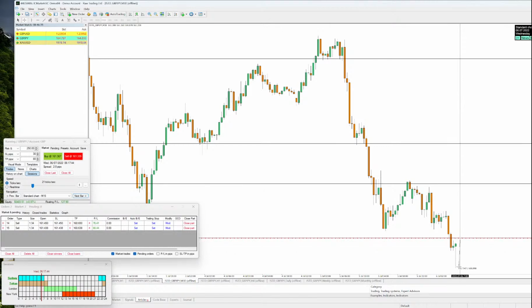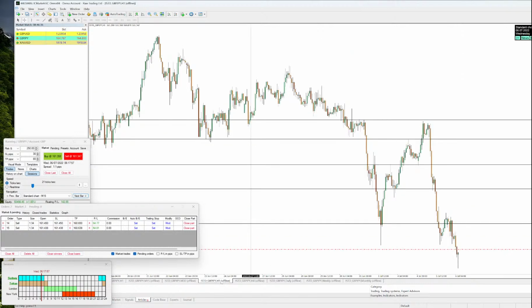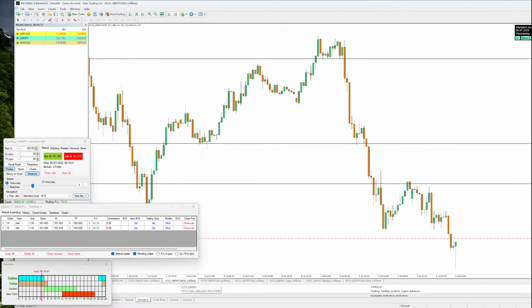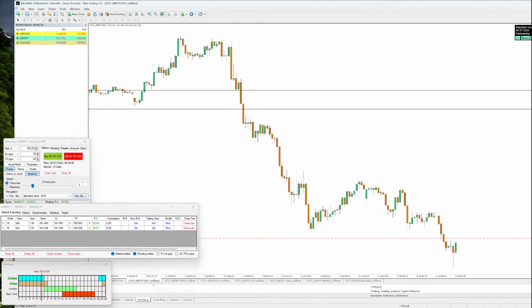So yeah. Now we will potentially hit, not potentially, for sure hit stop loss and break even. Anyway, it was a nice ride.